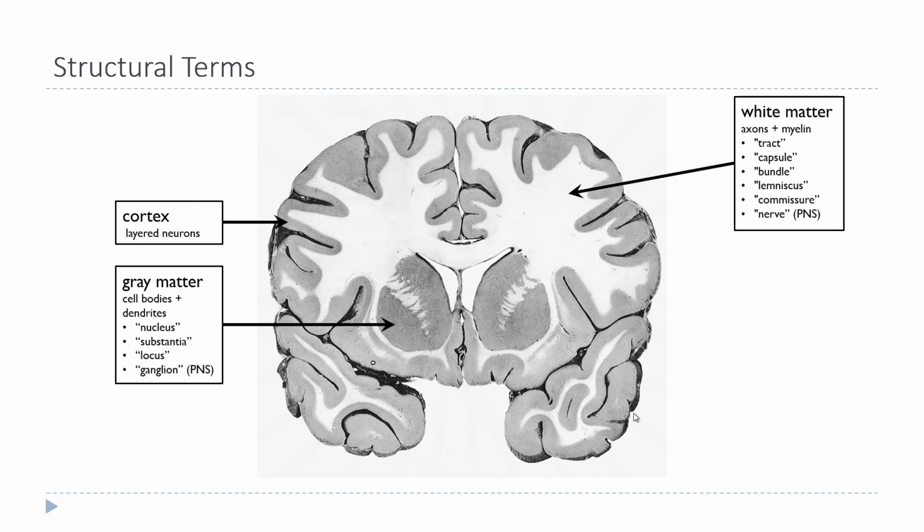Now, there are a whole bunch of different terms that we use to describe different types of brain tissue. We've talked about some of these already. So if you cut open a piece of brain, and of course this, as you should know now, is a coronal section through the brain, we're looking through part of the brain where the top part is dorsal, bottom part is ventral, and there's a midline down the middle, cutting it into medial and lateral parts.